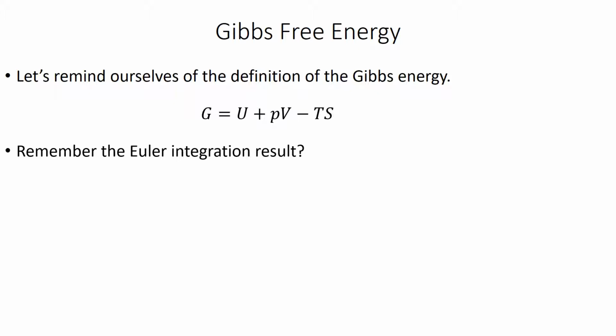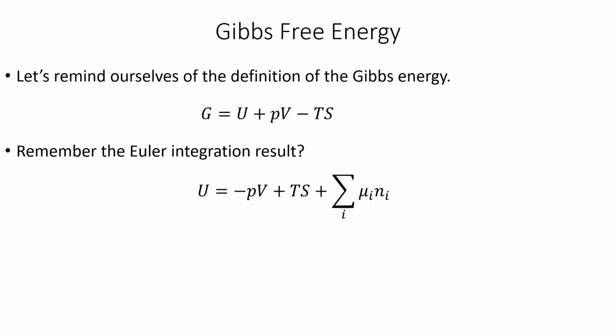And if you recall from our previous lectures, you can integrate the fundamental thermodynamic identity, the equation that describes changes in the internal energy, using Euler's law of homogeneous functions, and you can get a result that shows you that the internal energy equals minus PV plus TS plus the sum of all chemical potentials times the molar quantities.